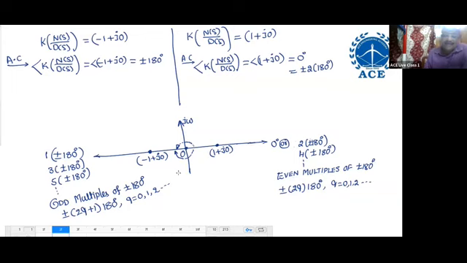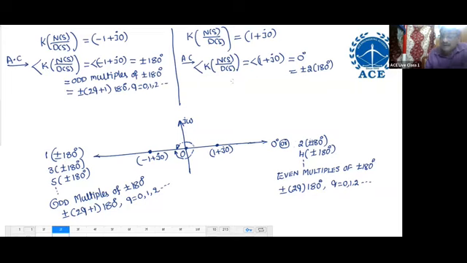Finally, what is the angle condition? Tell. For minus 1 plus j0, what is the angle condition you got? Odd multiples of plus or minus 180 degrees, or plus or minus (2q plus 1) into 180 degrees, where q is 0, 1, 2 and so on.